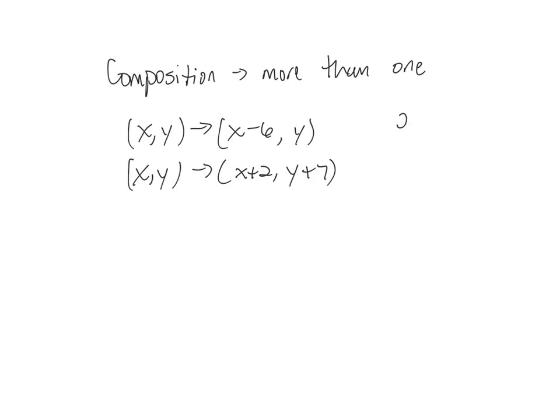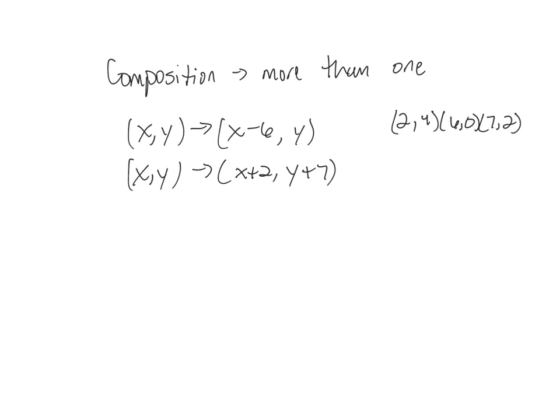So I think it says (2, 4), (6, 0), (7, 2). And then it will say do this composition. So really what it's saying is take these 3 points, do the first one, and then do the second one. And you'll end up with 3 pictures on a graph, which to me is confusing.